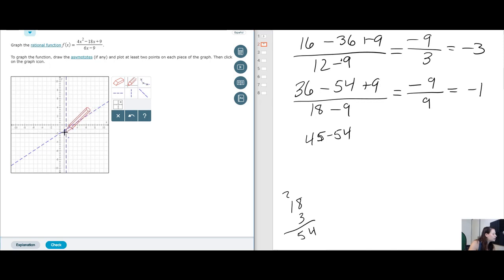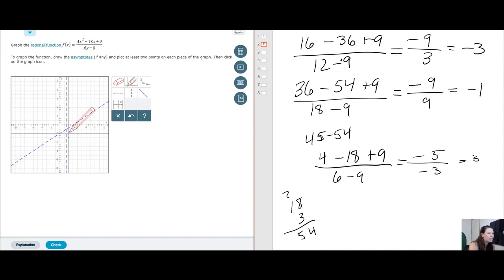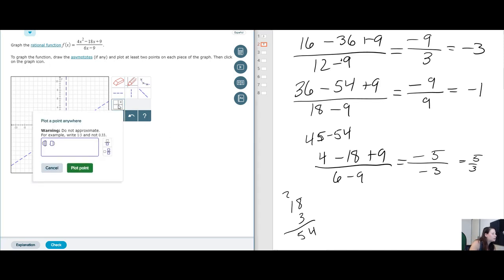Then let's plug in 1 and 0. So if we plug in 1, we get 4 minus 18 plus 9 over 6 minus 9. So that's -5 over -3, so 5/3. So we can plot that point right here.